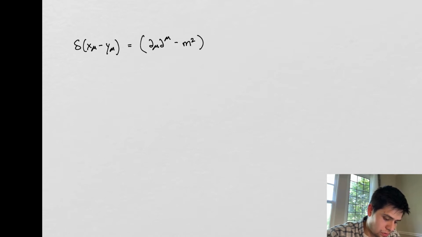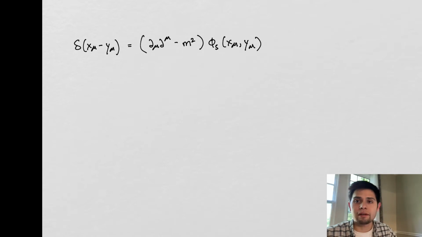So in math terms, this means that here's our delta function, and it's at some location x mu minus y mu, and that's our potential, and here's our special function S of x mu, y mu.